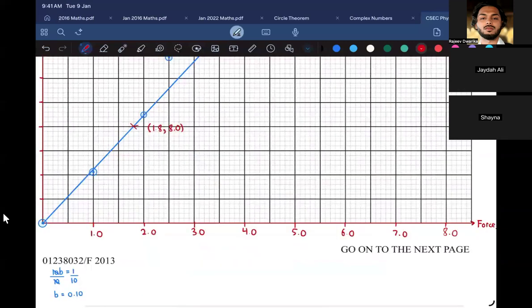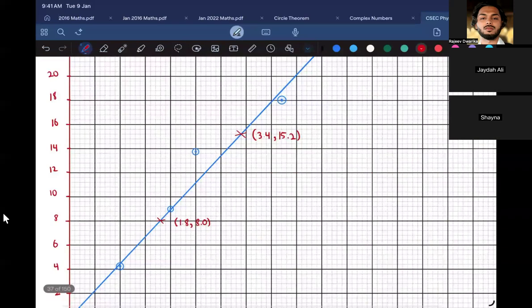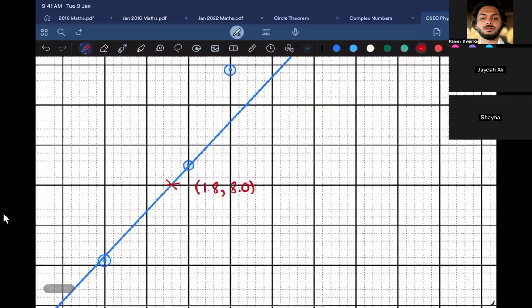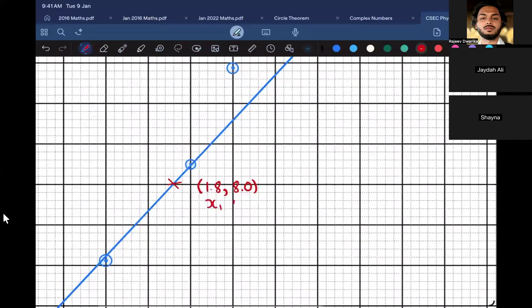All right. So Jada, which point do you want to call the first point, and which point do you want to call the second point? 1.8 and 8.0 could be the first. So you want to let this be the first, so x1, y1?